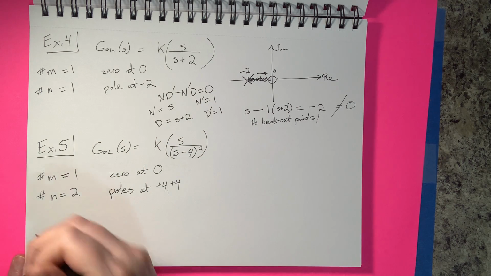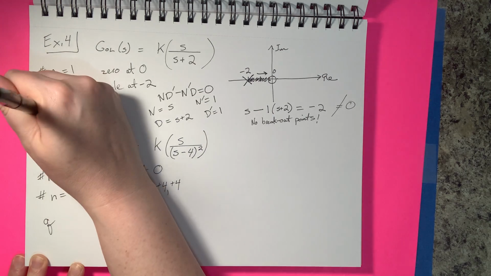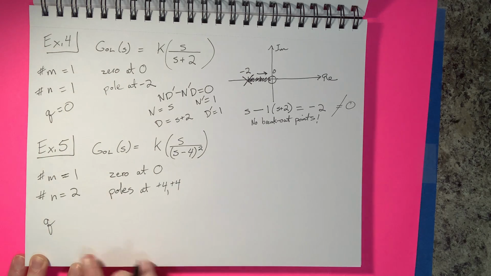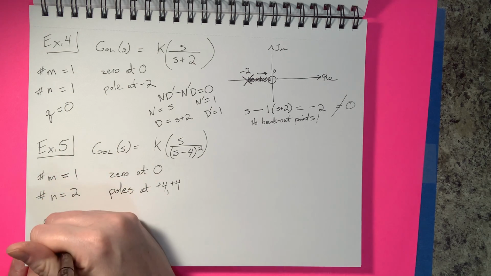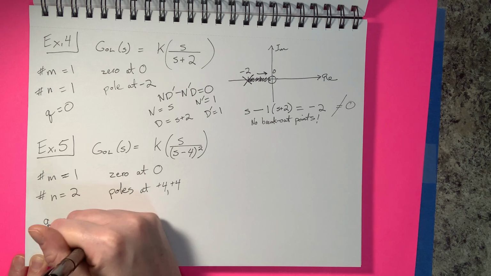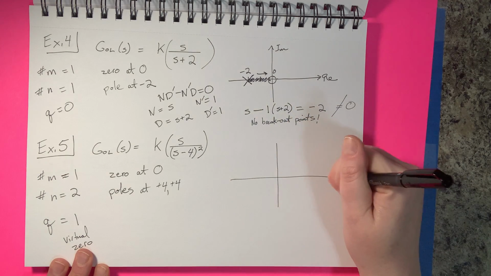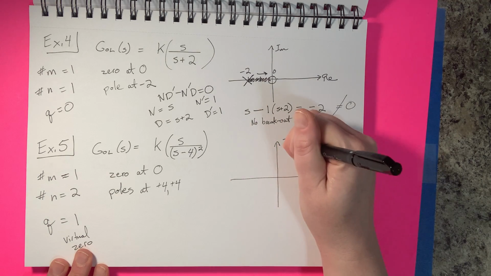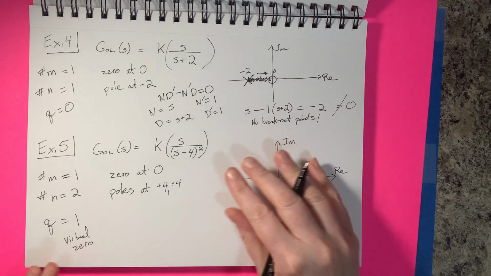Okay, let's calculate Q. Again, if we did that here, Q would equal 0, but here we can see that n minus m is actually 1, so we will have one virtual 0. We should expect to see that. And as we fill in our root locus plot, or rather the word locus, that is the same as saying plot.